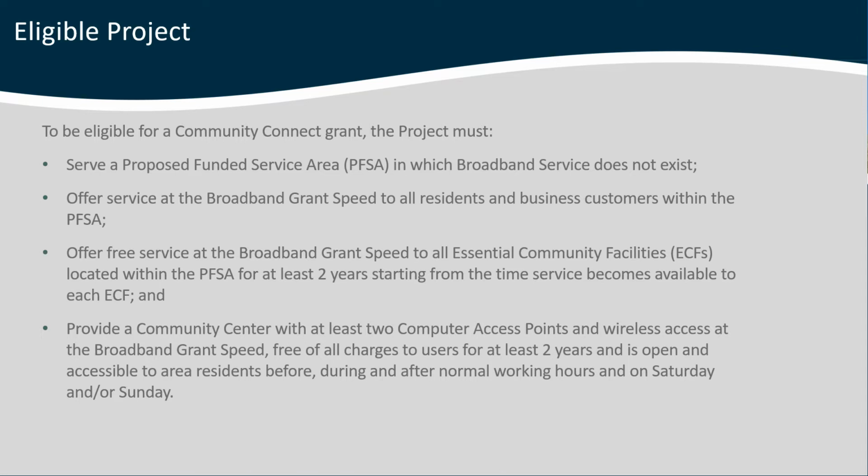Offer free service at the broadband grant speed to all essential community facilities located within the PFSA for at least 2 years, starting from the time service becomes available to each ECF. And provide a community center with at least 2 computer access points and wireless access at the broadband grant speed, free of all charges to users for at least 2 years. And it must be open and accessible to area residents before, during, and after normal working hours, and on Saturday or Sunday. So a couple of points here.